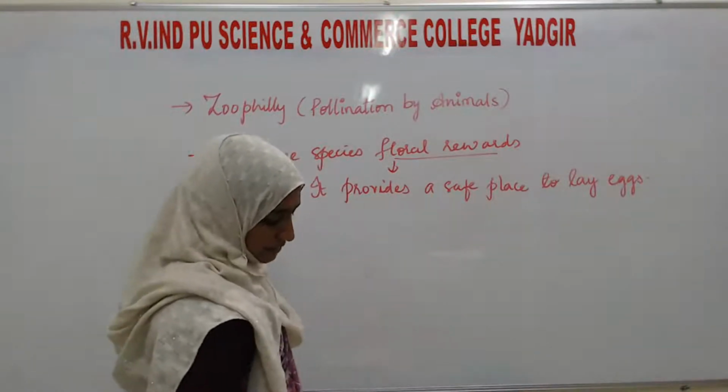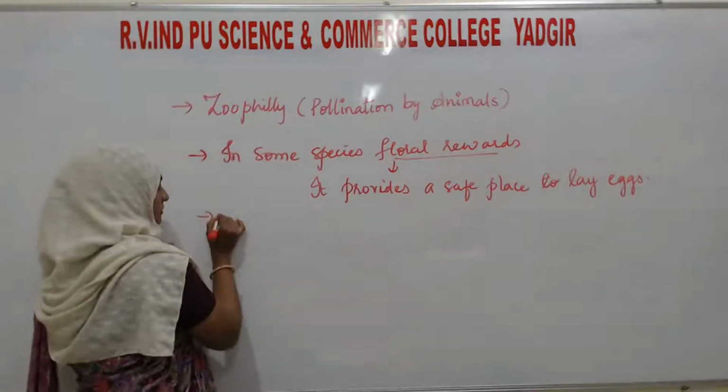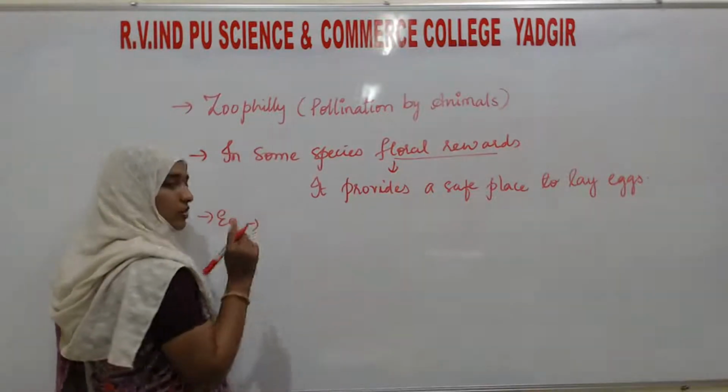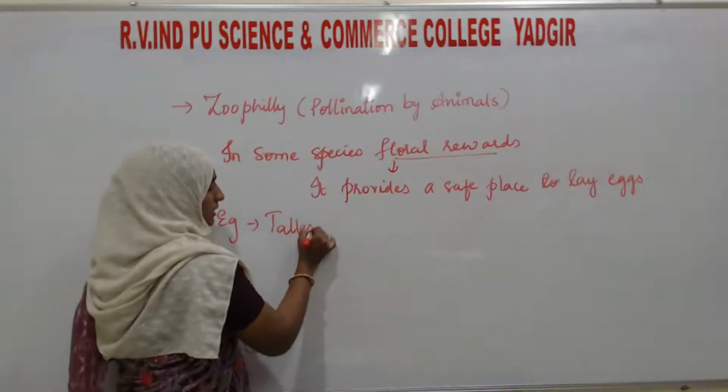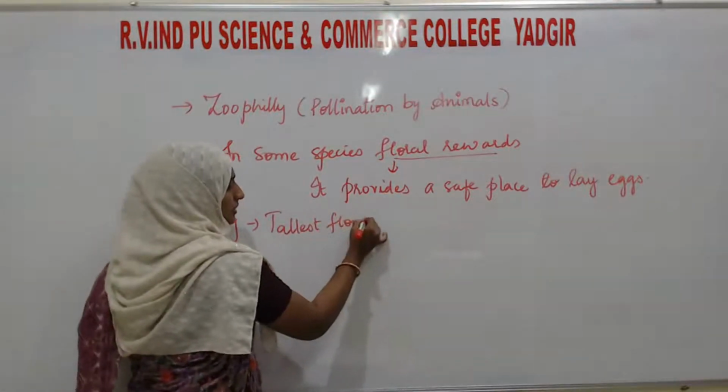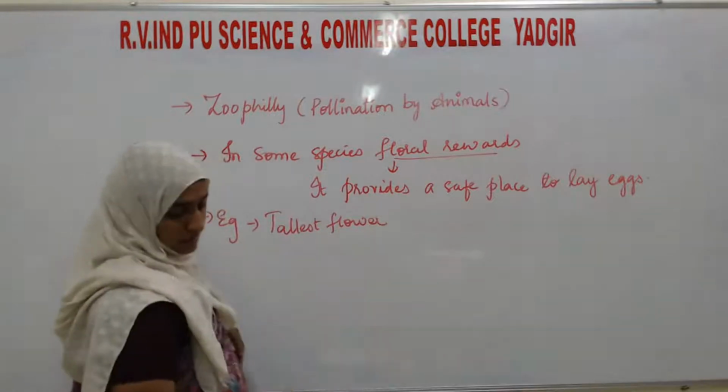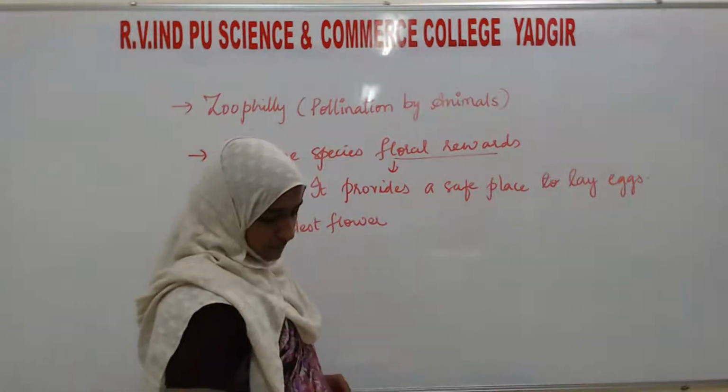An example is that of the tallest flower. Among the tallest flowers, which is the tallest flower over here? The name of that tallest flower is Amorphophallus.